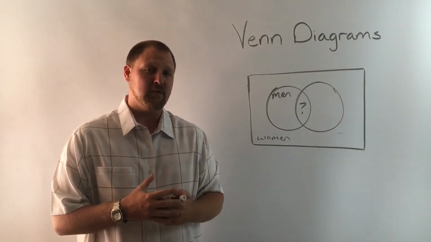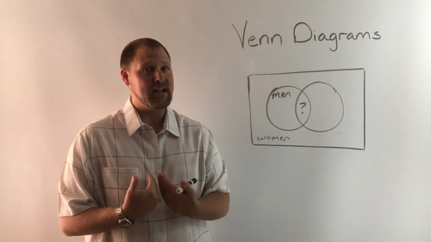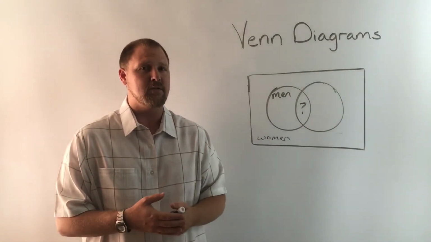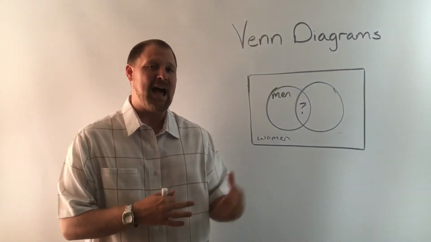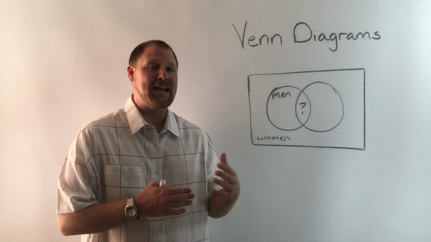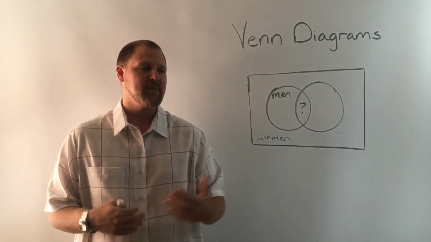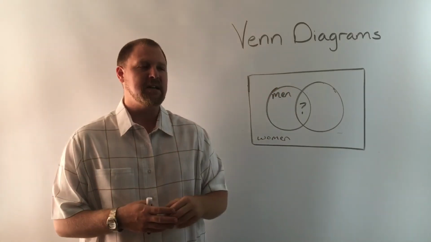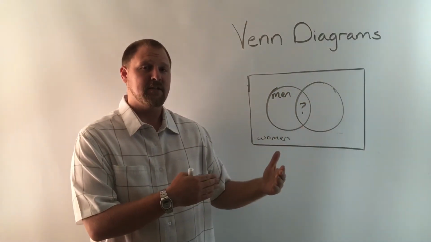And they have a very difficult time. Several students in the last 7 years in my classes have had a difficult time understanding that what's in the circle is represented by the title and what's out of the circle is represented by its counterpart, the other option available there. So if one circle is men, the other circle needs to be a different event altogether.